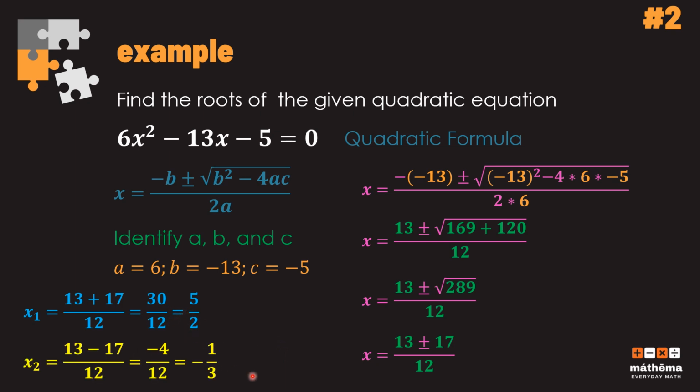And then if that is negative 17, we will have 13 minus 17 over 12, which is equal to negative 4 over 12, or simply negative 1/3. So as you can see here, we again have the same values of our x.